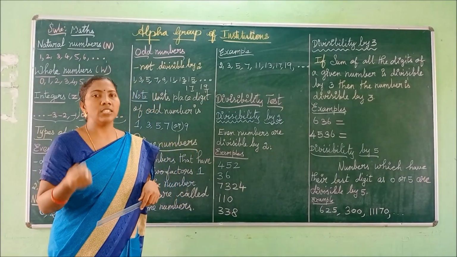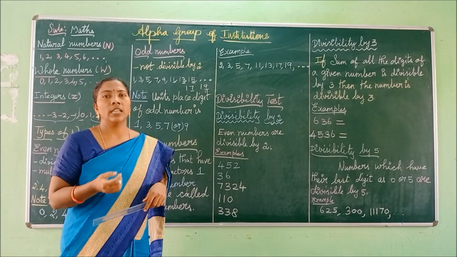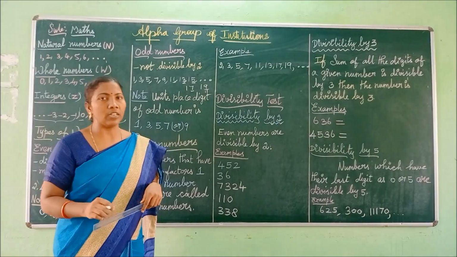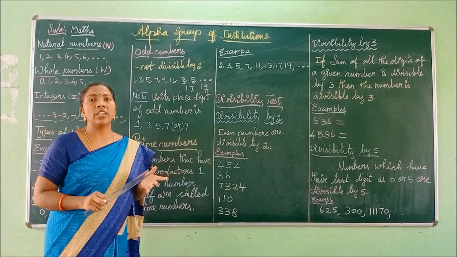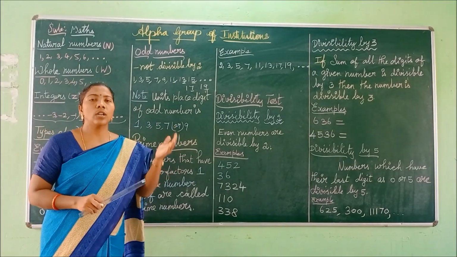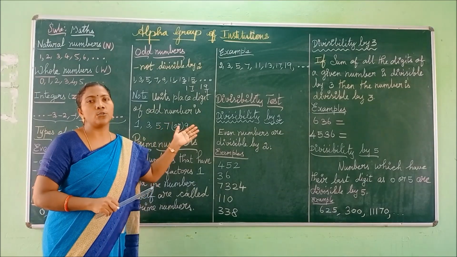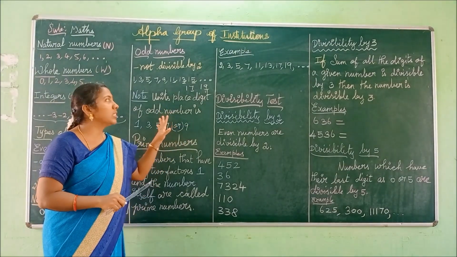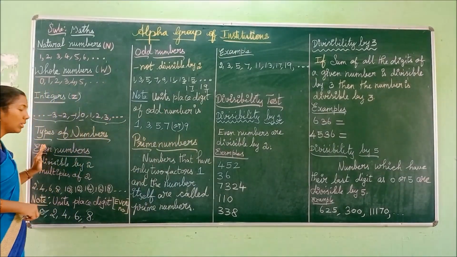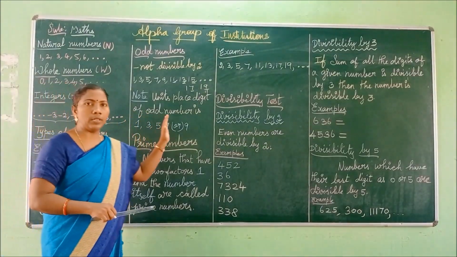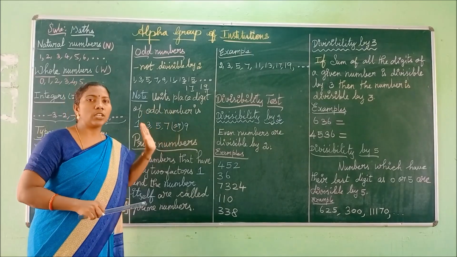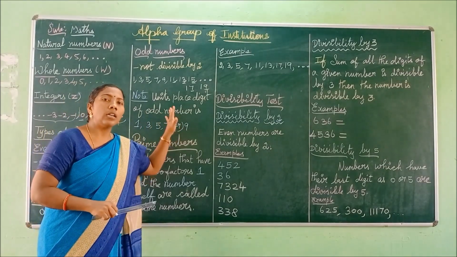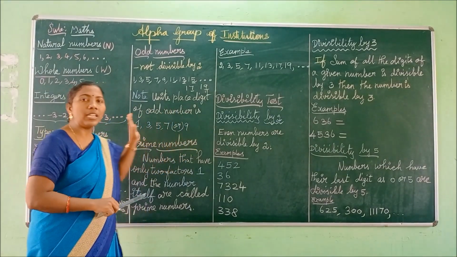Those numbers which end with 2, 4, 6, 8 and 0 are said to be even numbers. So what is the last digit of the odd numbers? 1, 3, 5, 7, 9. So numbers that end with such digits are said to be odd numbers. So you must have a clear idea about even numbers and odd numbers. So what is the opposite of even numbers? Odd numbers. Numbers which are not even are said to be odd. Numbers which are not odd are said to be even.